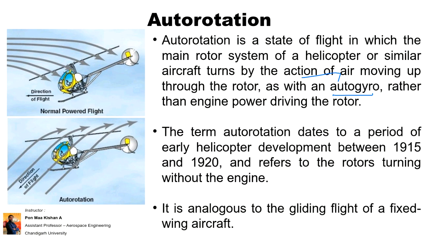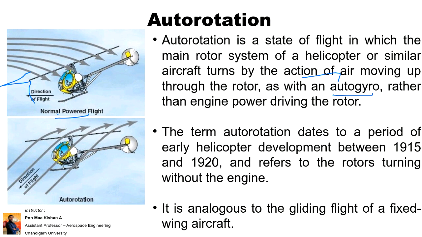Okay. So if the engine fails, how can the pilot make the helicopter land successfully? Okay. So if the power transmission fails, the direction of the air flow will also change. So if you see on the left side, the image shows two parts, that is normal powered flight.